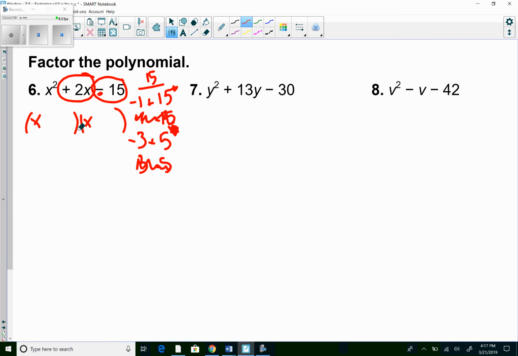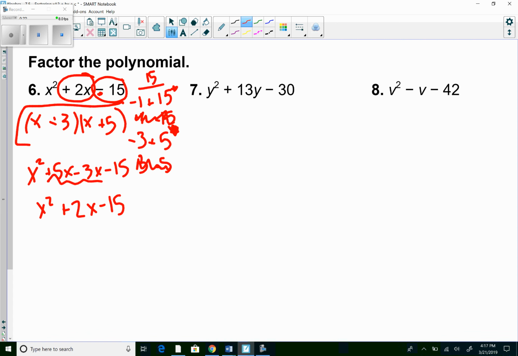So there's x, there's x. I've got -3, I've got +5. If I just check, I've got x squared plus 5x minus 3x minus 15. That's going to give me 2x. We're on the right track.